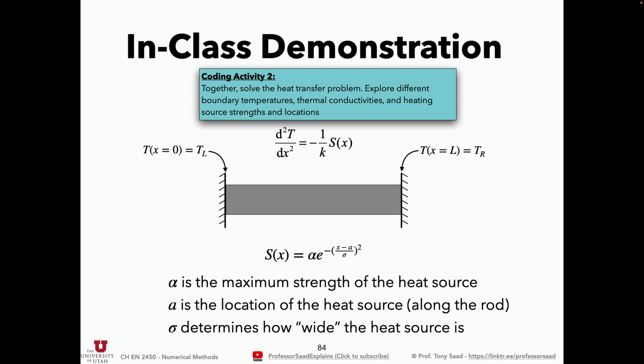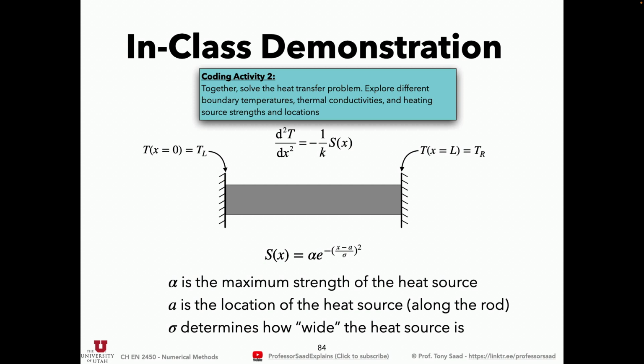And I mentioned this K coefficient, which measures how fast or how easy it is for heat to move through the rod. And in our code last time, we had a few parameters to tweak.